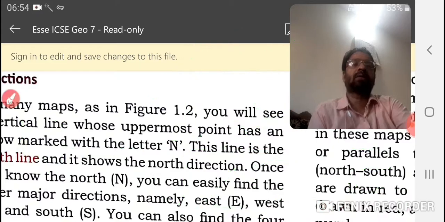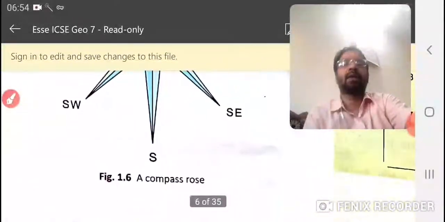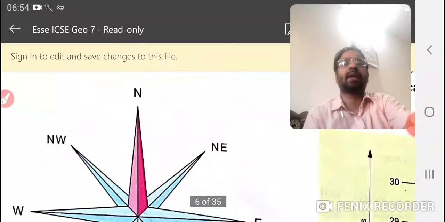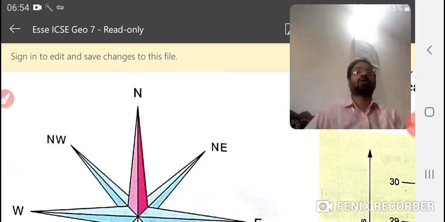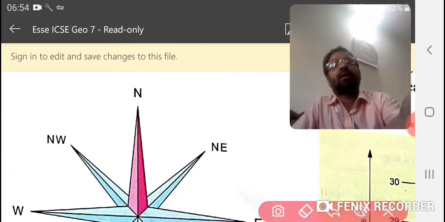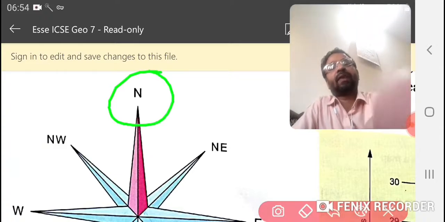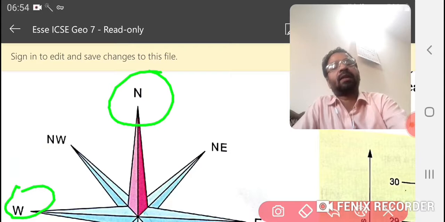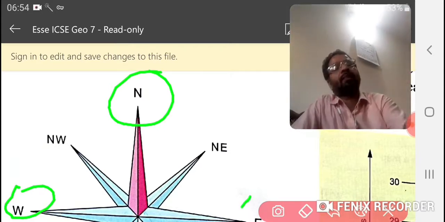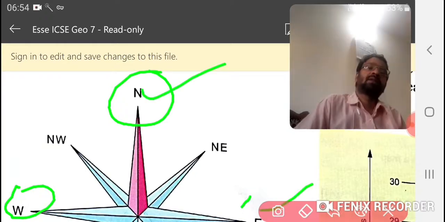So, all try to understand it. Now, let us see one figure below. That figure is 1.6, it shows the direction. On top we can find north, then bottom south, then west, then east. Then the middle of north and east, one direction.